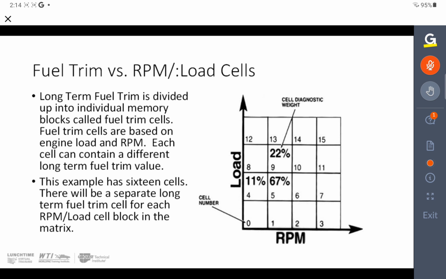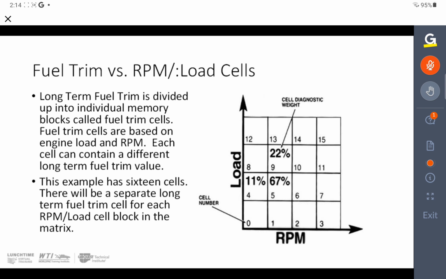The numbers that are in the cells, the cell diagnostic weight, 22%, 67%, 11%, have to do with the percentage of time when the vehicle's testing a particular emission component or system for your IM flags. This happens to be the one for the purge valve.